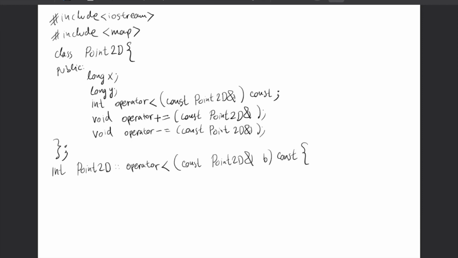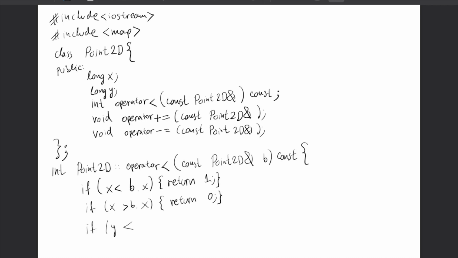So we will first ask if x is smaller than b dot x, then we return 1. If x is bigger than b dot x, then we return 0. If our program has survived both if statements, that means that x coordinates are the same and we need a tiebreaker.